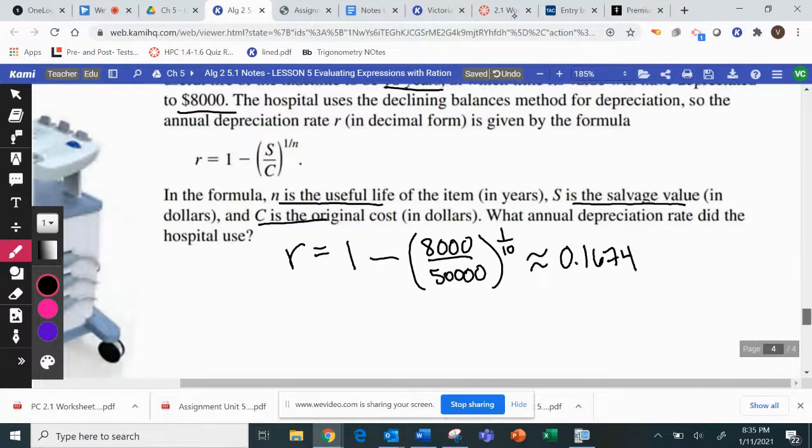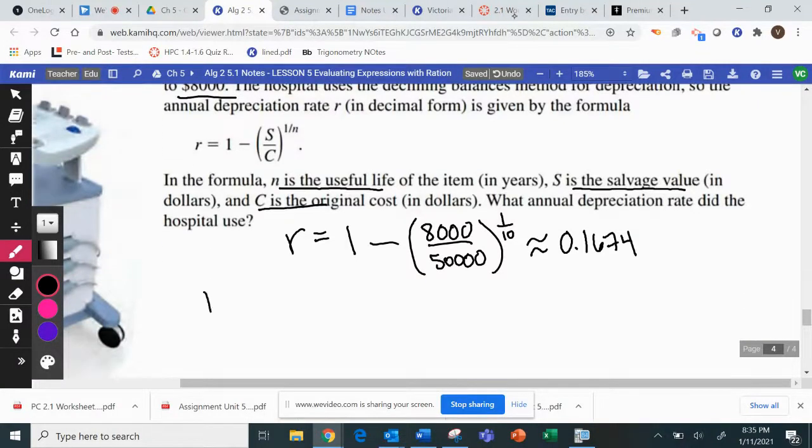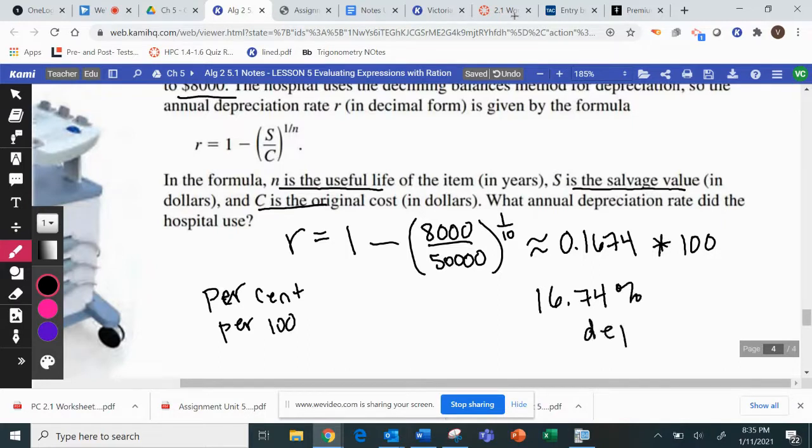Now, when we write that as a percentage, remember percent means per 100, or for every 100. So we're going to take this and we're going to multiply it by 100. And we'll get a 16.74% depreciation rate.